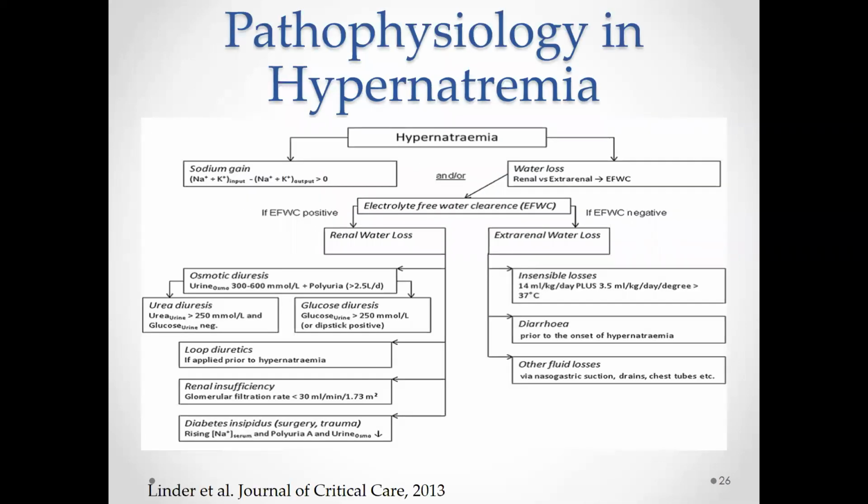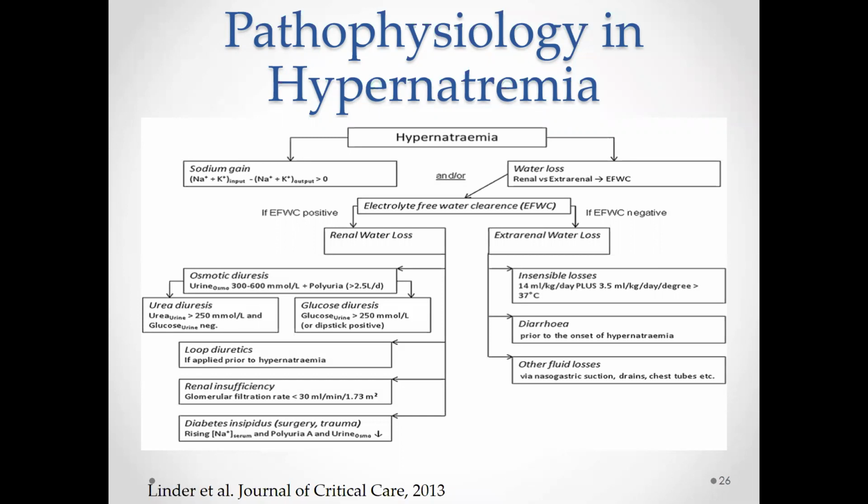Okay, so the pathophysiology. The majority of the time it is two scenarios, and it's either sodium gain or water loss. And sodium gain, you can gain it from hypertonic solution, resuscitations, high sodium, like a lot of salt tabs given to the patients.